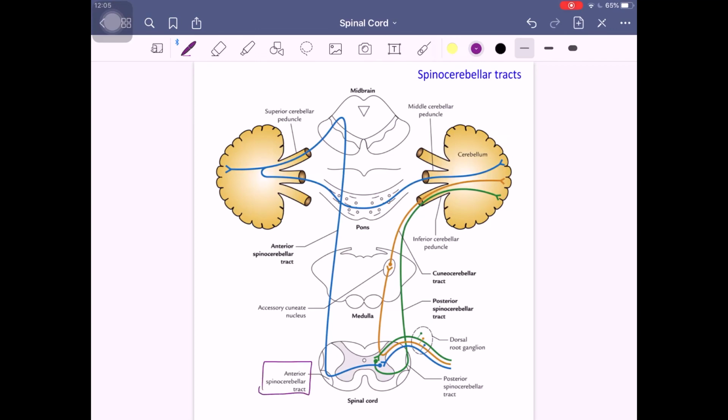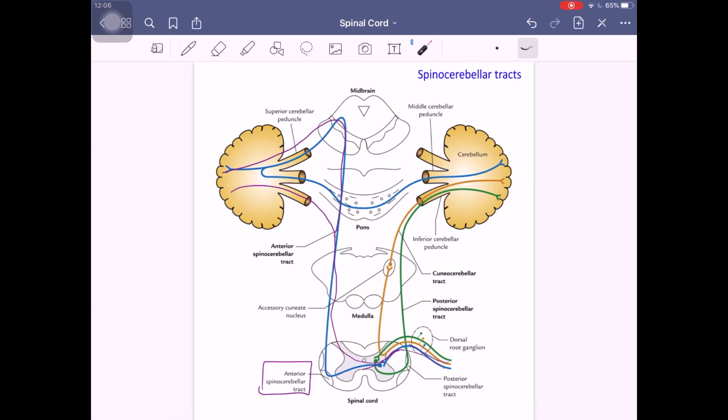So you can imagine one more same thing happening, just that we don't know from which section of the spinal cord, possibly a lower region. It comes up and is not relaying. We also don't know whether it crosses or not, but it goes up, and one fiber goes through the inferior and another through the superior peduncle. This is what is happening for your rostral, but it has not been confirmed.